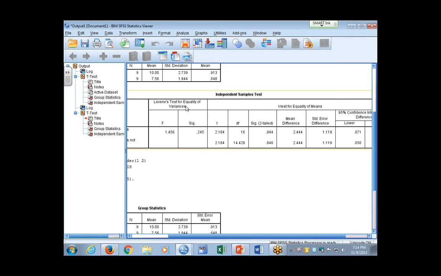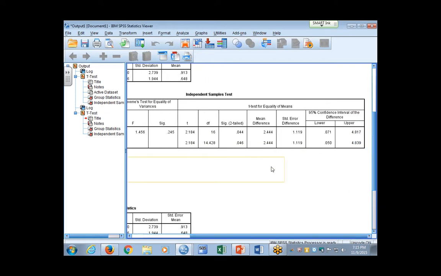SPSS doesn't make a judgment like, oh, this one's twice the other one, maybe this group might have a different variance. I can't think of a reason why they wouldn't. It doesn't make that kind of judgment. It makes a mathematical judgment, and this is where it makes that judgment. We're going to ignore that for a moment. I'm just going to go across here to the actual t-test.